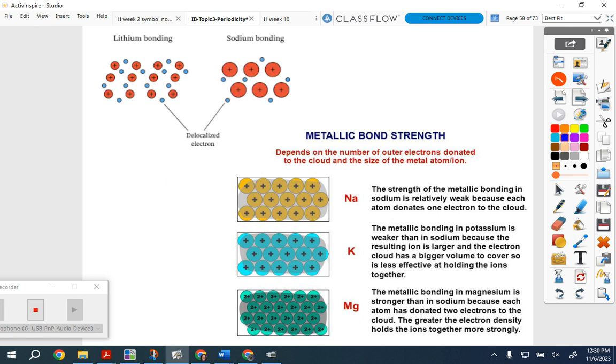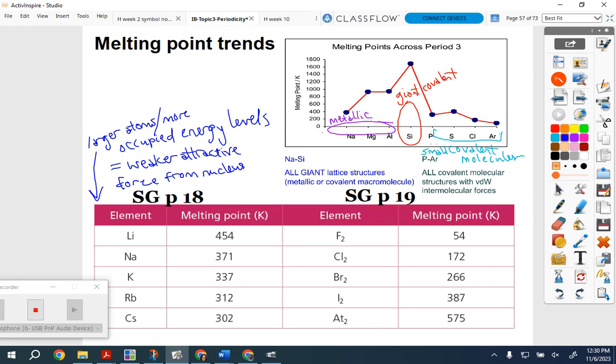So this increase here is due to the bigger charge of those positive ions. Okay? So when we're just going across a period, the increase in the charge of the ions is going to increase the strength of the metallic bonding. As we're going down, it's going to get weaker because of the bigger distance, the more electron shells.